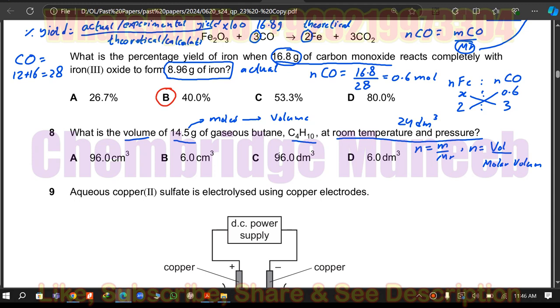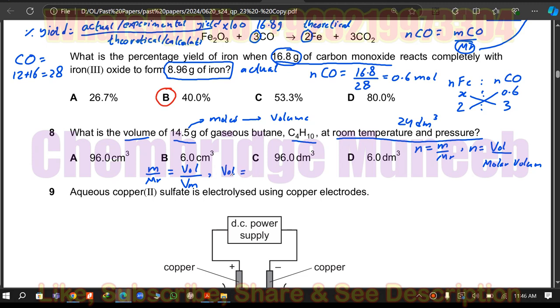This means that we can use these two formulas to get one single formula, that is mass over Mr is equivalent to volume over molar volume, and we need to find the volume here. That's what the question is asking.